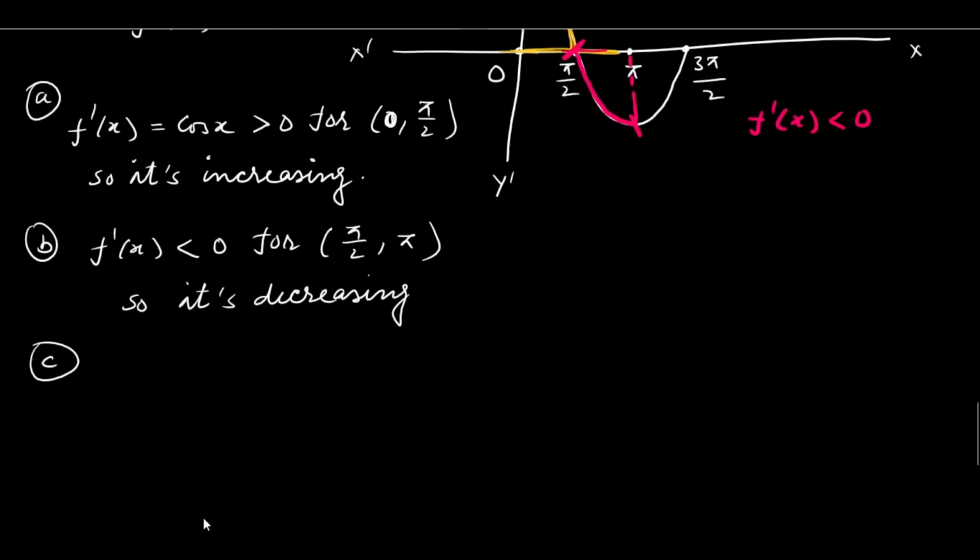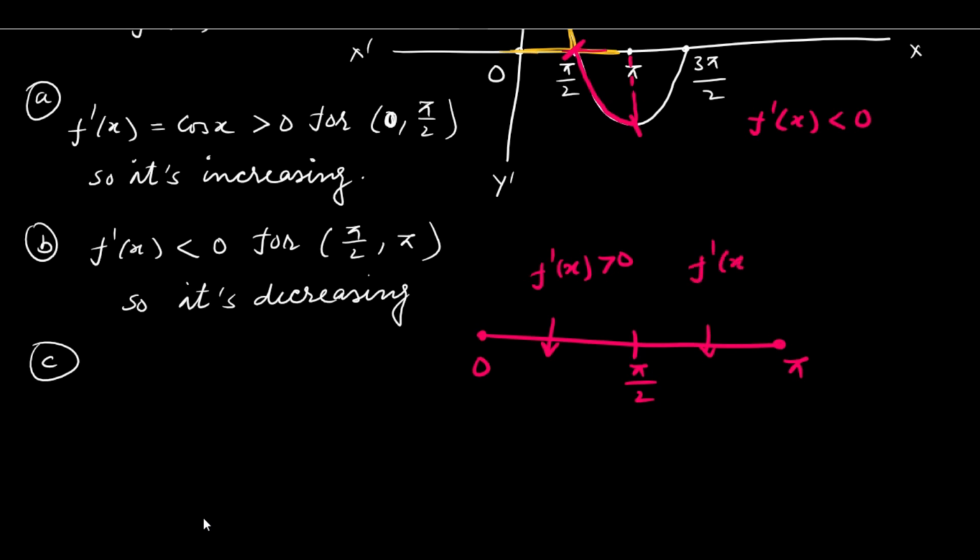Suppose 0 to pi, and here the point is pi by 2. In this portion f'(x) is greater than 0, and in this portion f'(x) is less than 0.